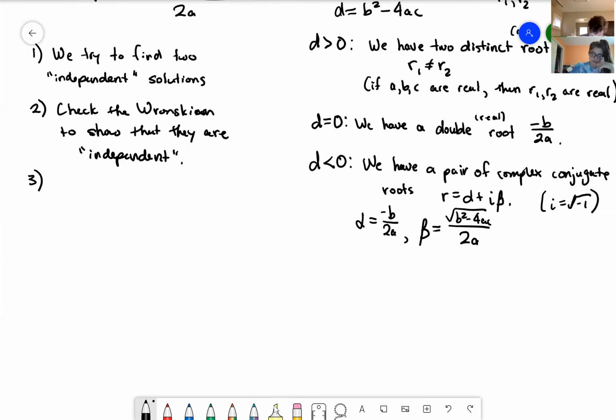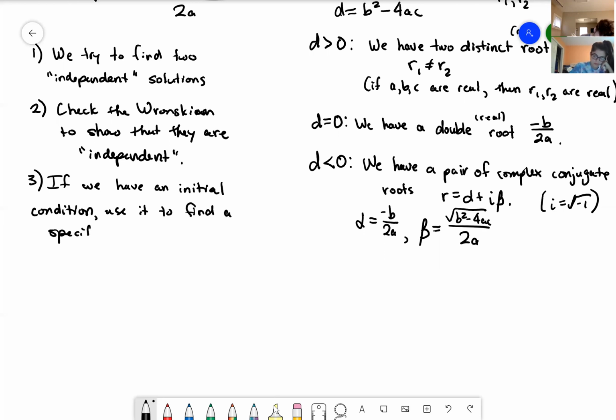And then step 3, if we have initial conditions, or if we have an initial condition, use it to find a specific solution.